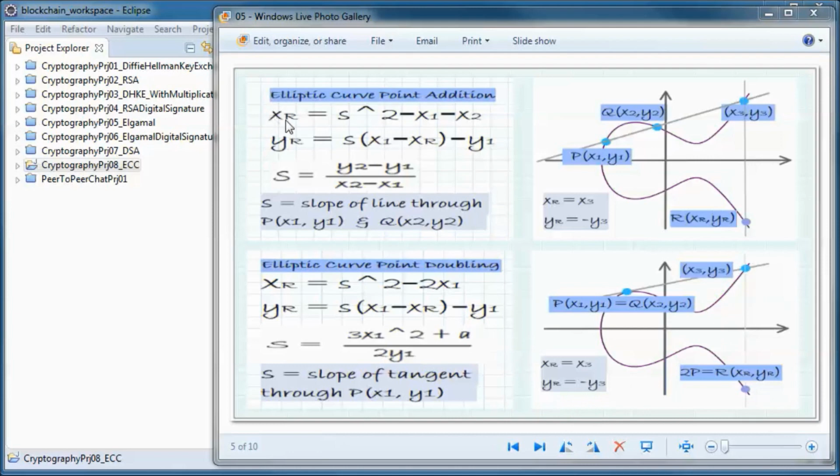So the equations for xr and yr are the same for point addition and point doubling, and s is the slope, so it's equal to y2 minus y1 over x2 minus x1 for point addition, and for point doubling, s is equal to 3x1 squared plus a over 2y1, and s here is the slope of the tangent line through P, x1, y1.